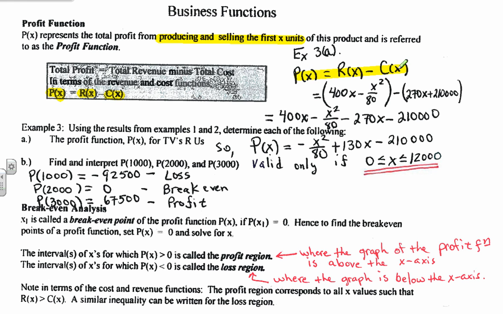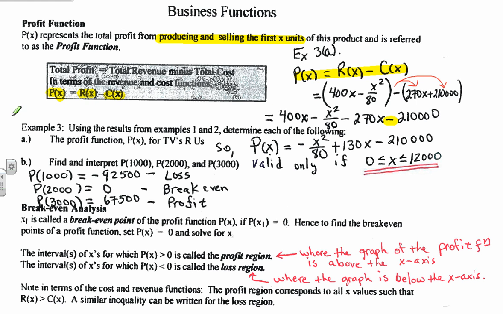It's a good idea whenever you're going to subtract the cost function from the revenue function, be sure to enclose it in parentheses the way I have here for the following reason. To remove the parentheses, since I'm subtracting the cost function, I have to distribute -1. And what happens when you distribute this correctly, notice that the sign of that last term turns out to be negative.